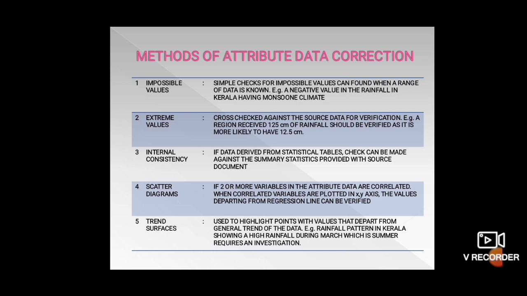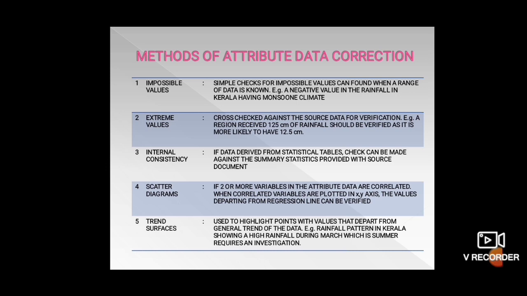The second type of attribute data correction is the extreme value. Here also I am citing the example of Kerala, a region that receives heavy rainfall of 12 to 30 centimeters in a day during the monsoon days. At the same time, if a value in the GIS data input is showing 125 centimeters of rainfall in a day, it should be verified.